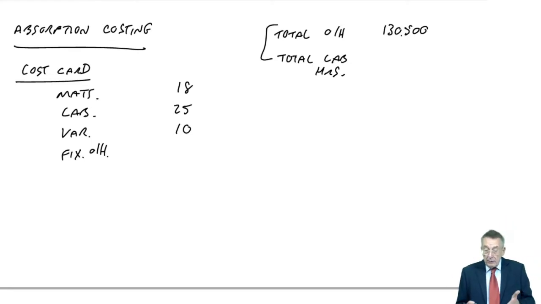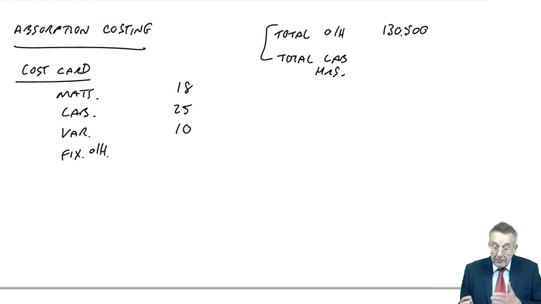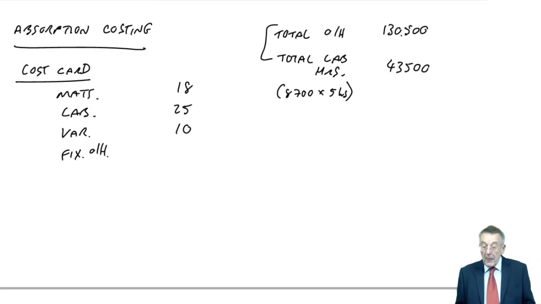And we're doing the cost card, so we're basing all this on budget figures. So we budgeted on 130,500. The hours, we were budgeting on producing 8,700 units and taking 5 hours a unit. And so we're budgeting on 43,500 hours.